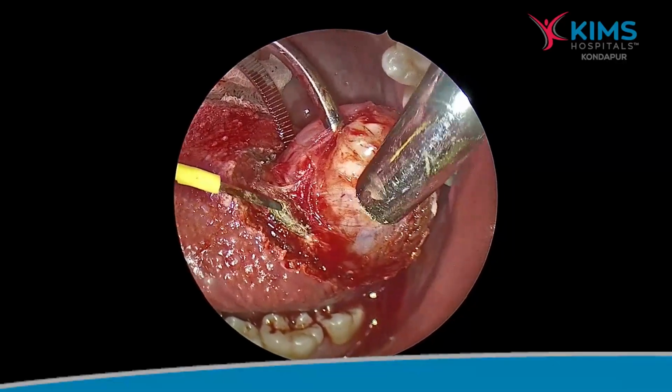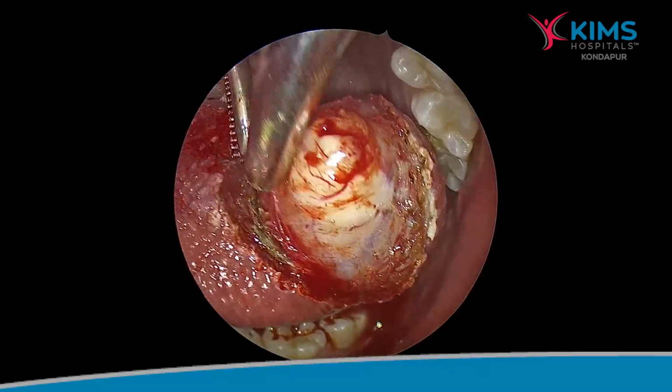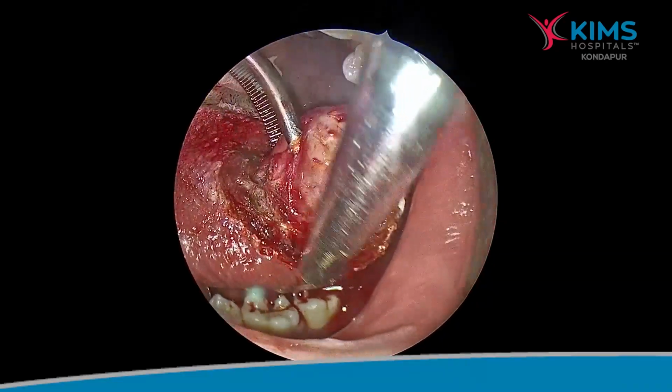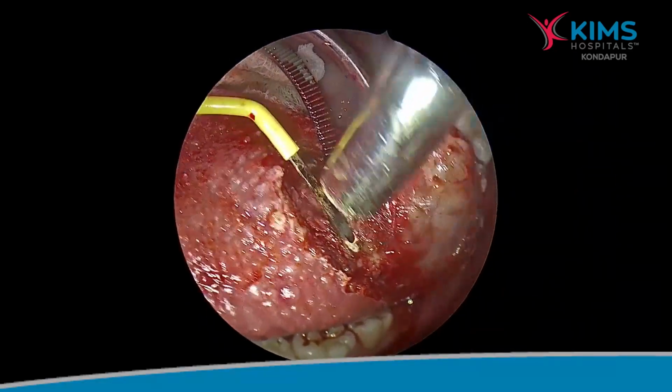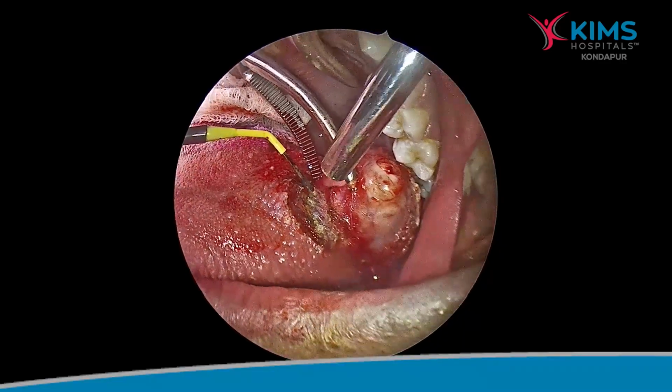The base of the tumor has been lifted up from the anterior end, slowly proceeding towards the posterior part in a stepwise manner and in the dissected plane only, not going into the tumor or deep in the tumor.